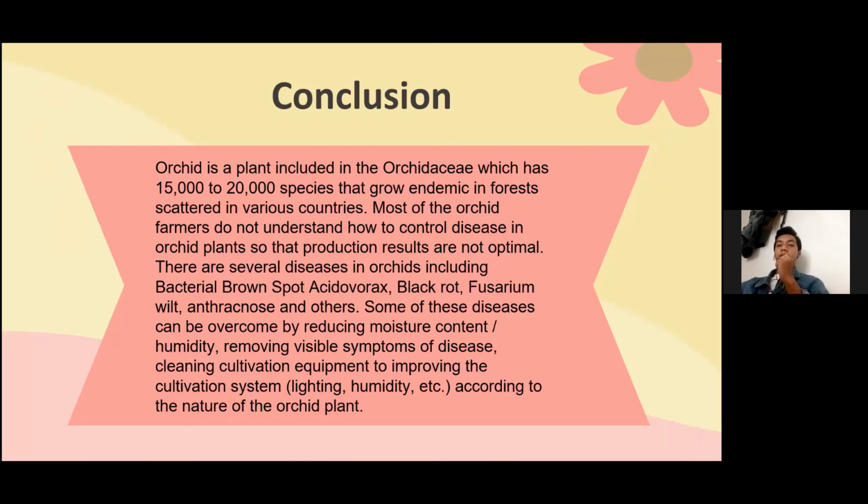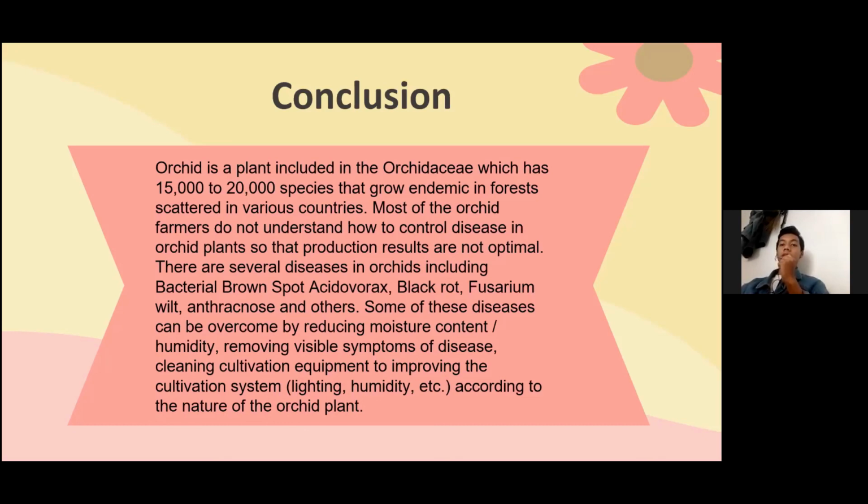Okay, now the conclusion. Orchid is a plant included in the Orchidaceae, which has 15,000 to 20,000 species that grow endemically in forests scattered in various countries. Most orchid farmers do not understand how to control disease in orchid plants, so production results are not optimal.